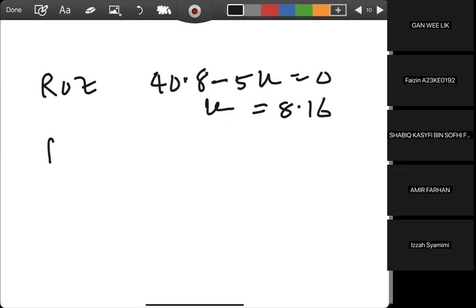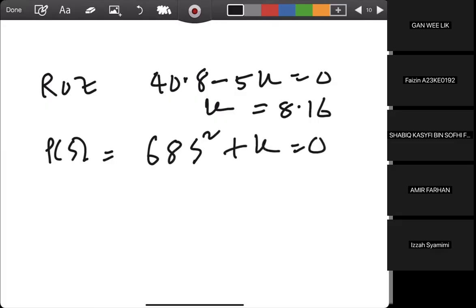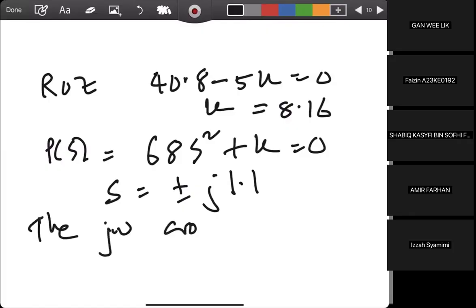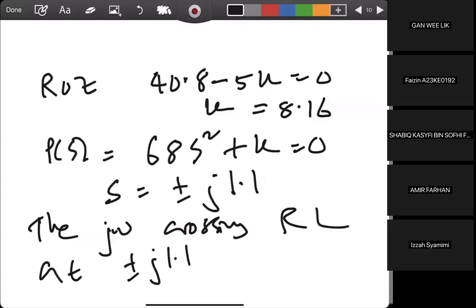And then develop the equation 6.8 s^2 + K equal to 0. Okay. Then you find that s is equal to plus minus j1.1. So you can see that the jω axis crosses the root locus at plus minus j1.1. Okay.